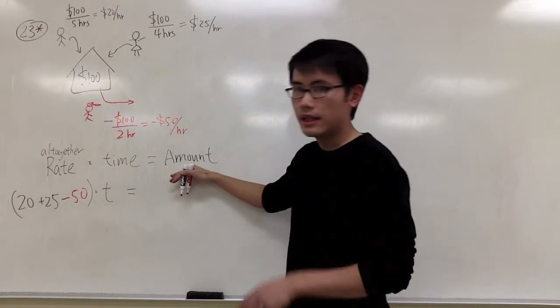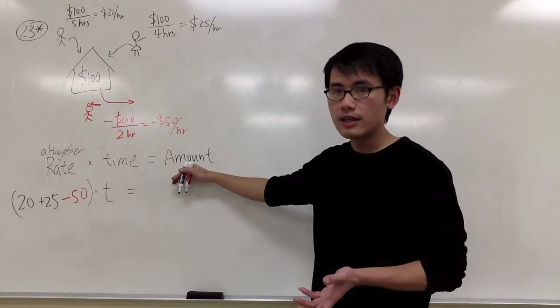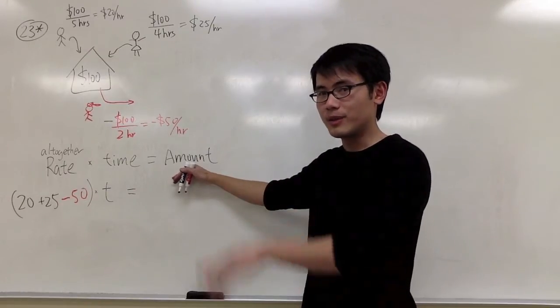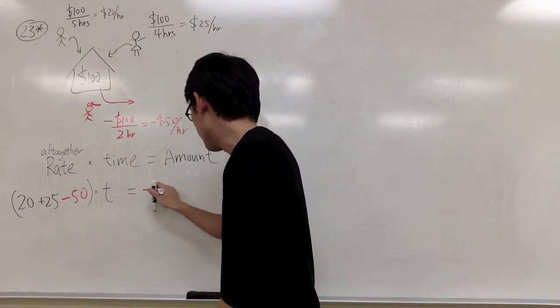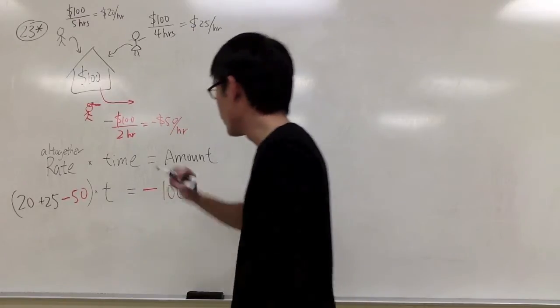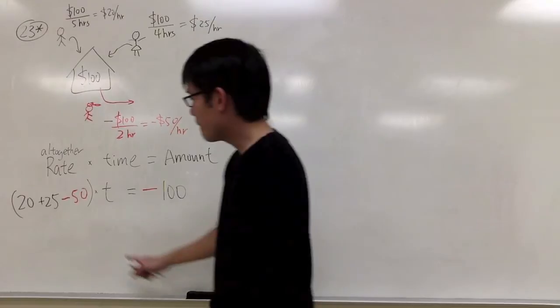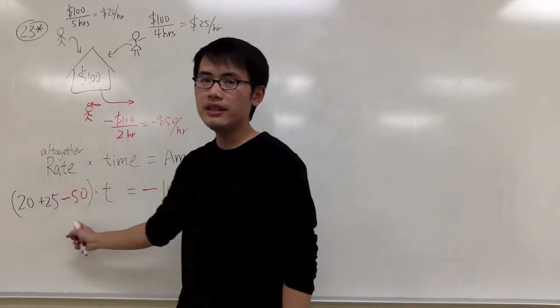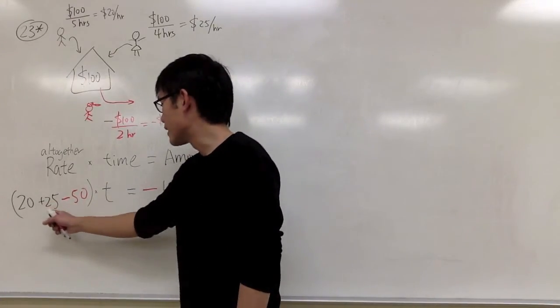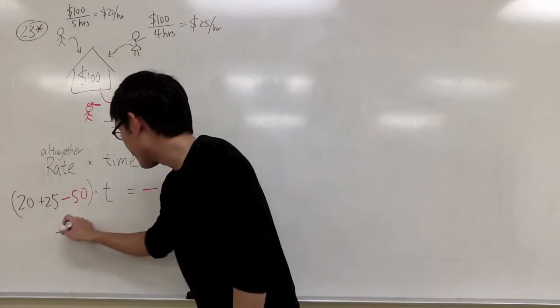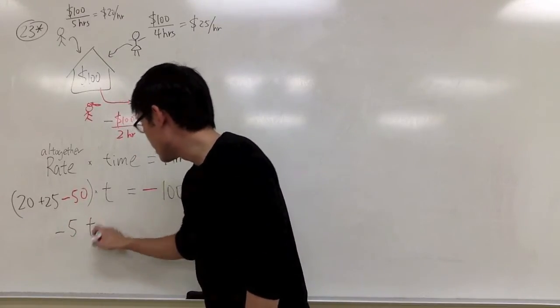So the amount is not positive $100, because we are looking for how long it takes for them to lose all the money. So it will be negative 100. Then doing the calculation in the parentheses, 20 plus 25 is 45, minus 50 is negative 5 times t.